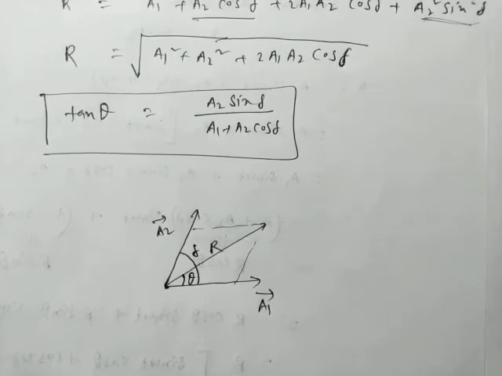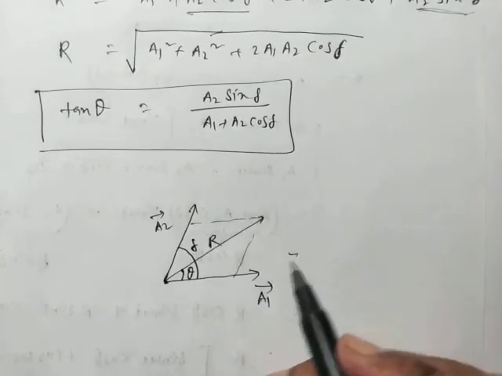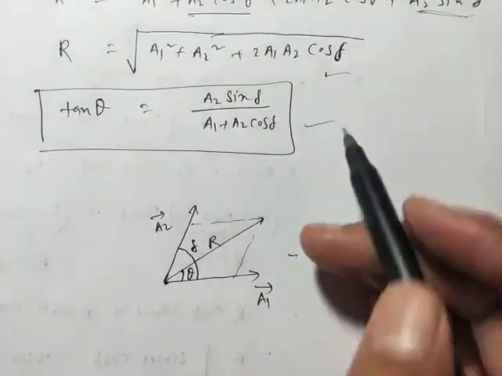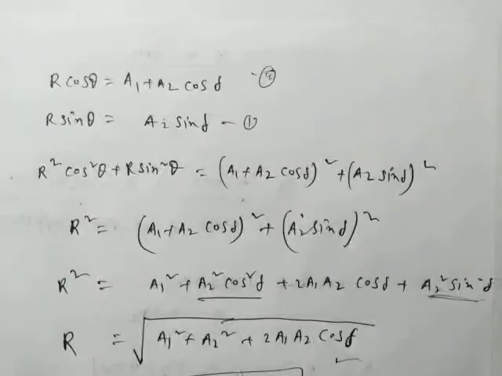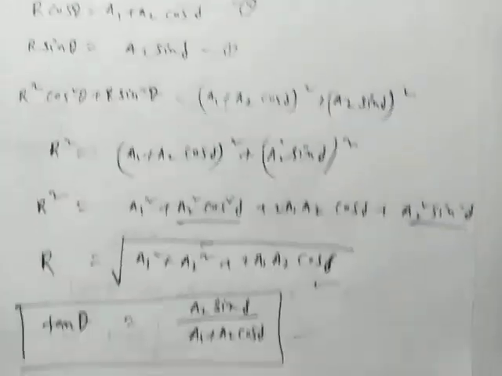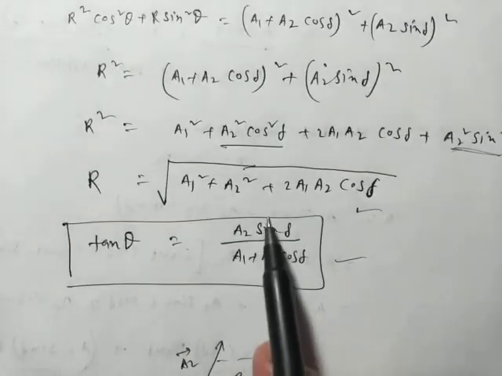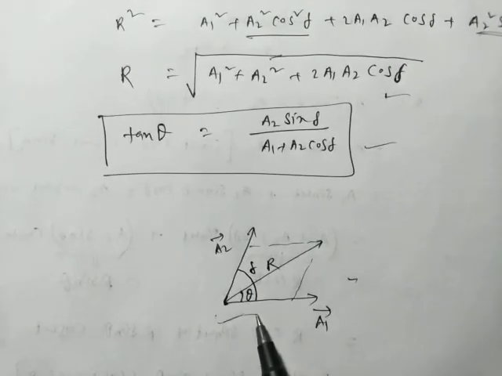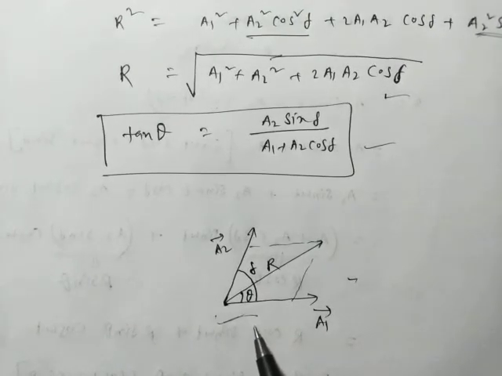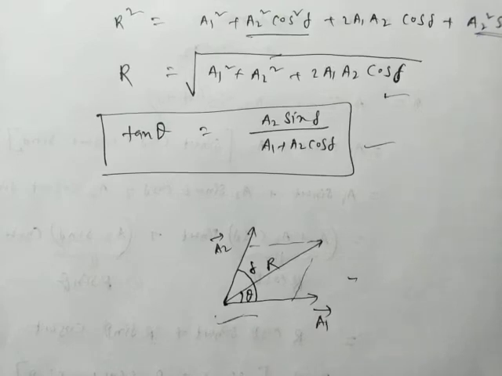If we treat it like this, then we can easily write these two terms from this figure by using the parallelogram law. The method that I followed first is the algebraic method, and when we get the result, we can realize that it can be treated as vector addition, by the parallelogram law.